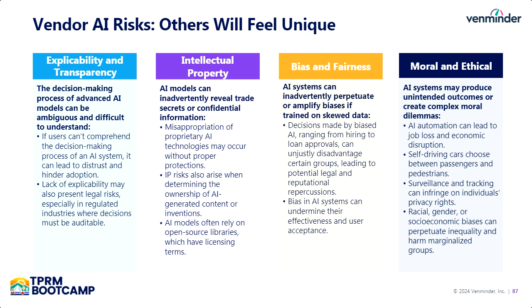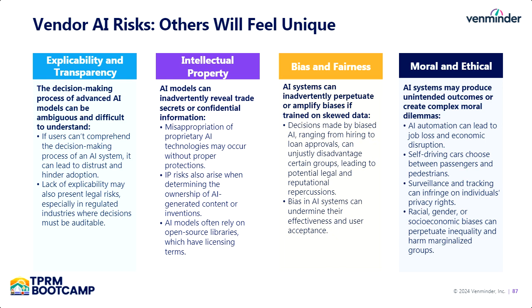That can be a problem if you're in a regulated industry where all your decisions have to be auditable. There's all kinds of intellectual property risks, from reviewing trade secrets and confidential information, but also determining who owns the final product. You know, if it's an AI-generated image, who owns that image, and violation of copyright agreements and licensing.